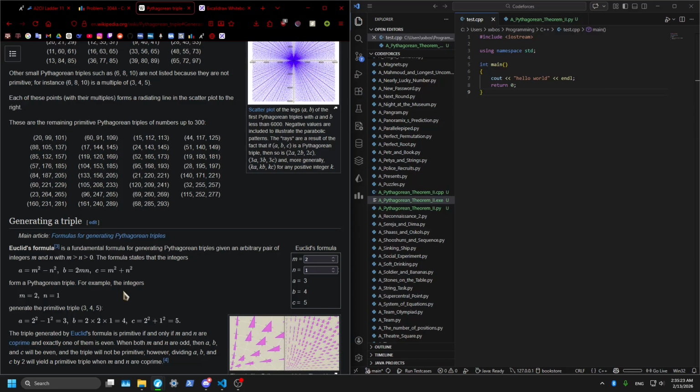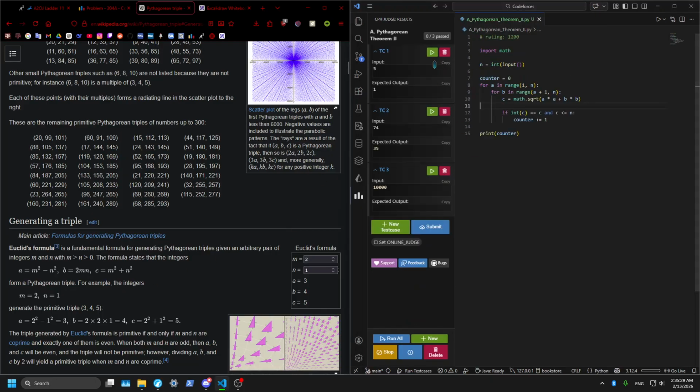Bro, this is probably so niche. Like, this question genuinely was probably just a brute force question designed for C++. This question was not designed for Python at all. And okay, well, let's implement this because this is cool. Right?